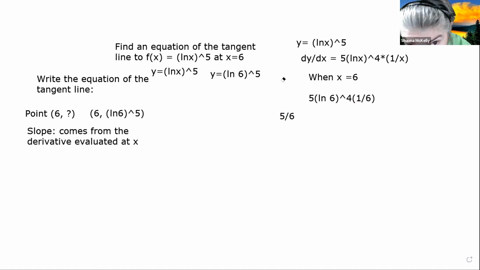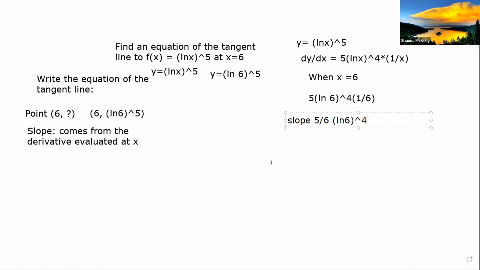So my slope is going to be 5/6 ln 6 raised to the 4th power.